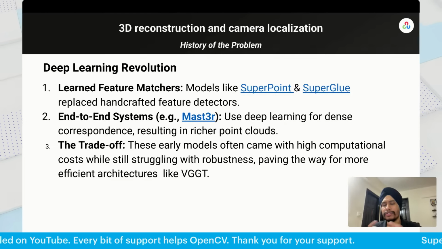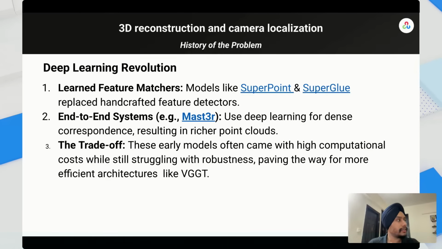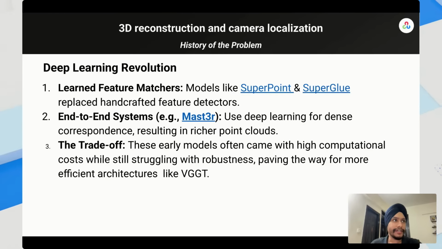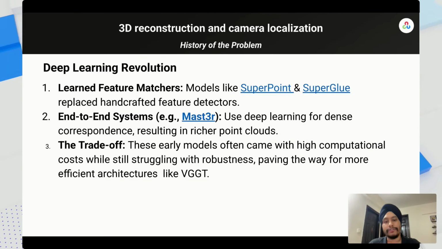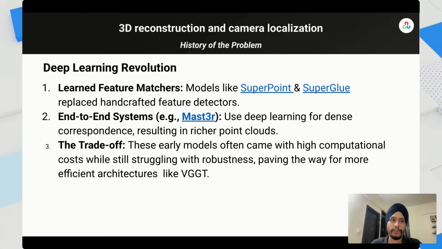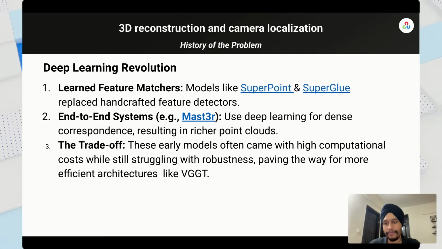Overall results of MASt3R are pretty good in general. It takes a lot of time, and it might struggle with robustness, but MASt3R was a kind of breakthrough in the deep learning reconstruction algorithms.